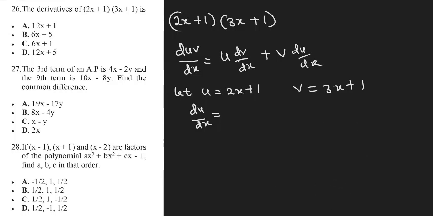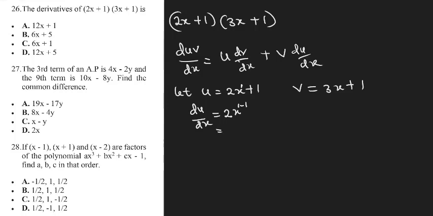Using that, there's an invisible 1 here. 1 times 2 is 2, then we subtract the 1 again, it will be 0, right? So this is 2x raised to power 1 minus 1. And whenever you differentiate a constant, a number, it is going to be 0. So this one here is going to be 0.